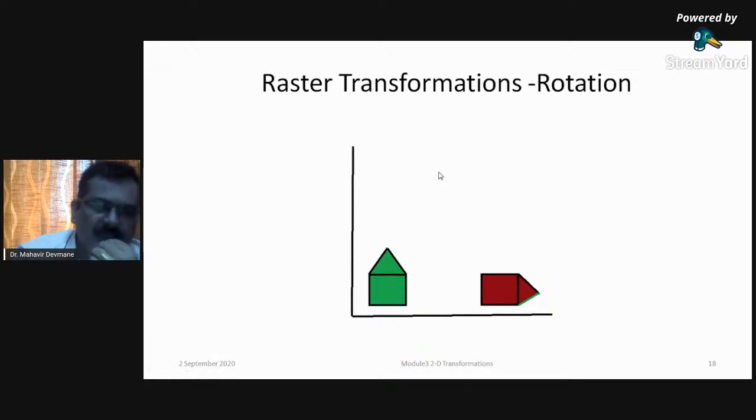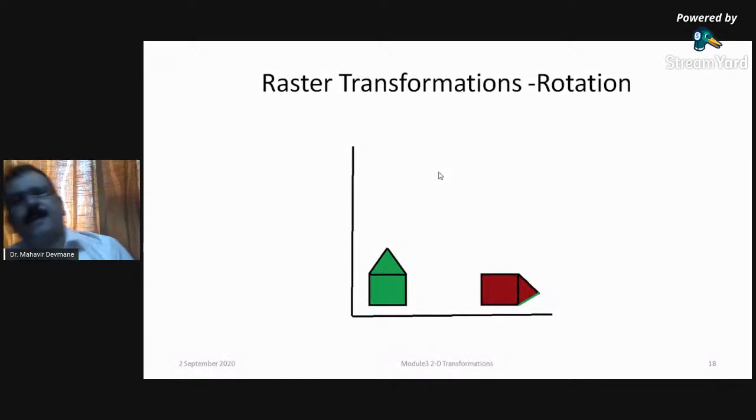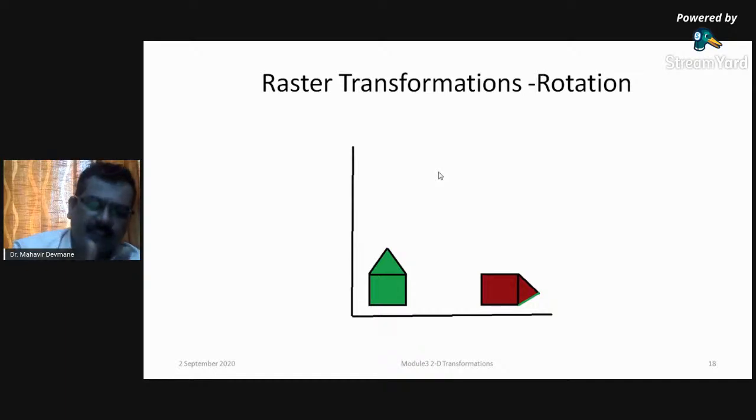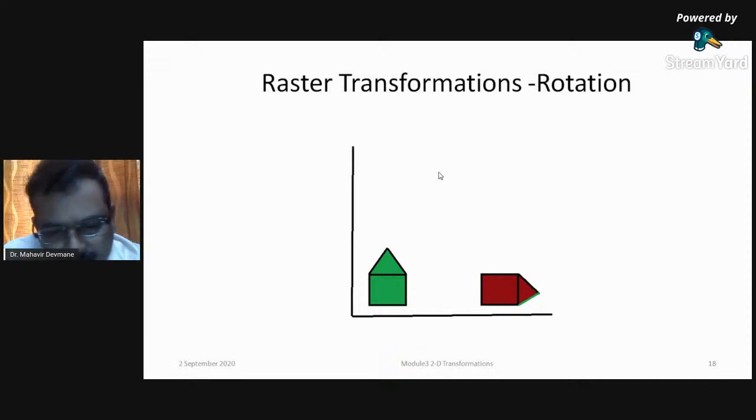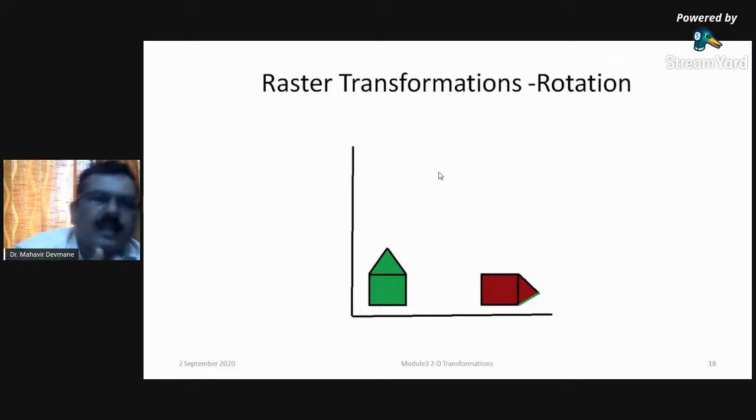If someone asks you to do scaling of the object by factor 2, say just take sx equal to 2 and sy equal to 1, meaning scaling factor 2 in the x direction and scaling factor 1 in the y direction. How will you do it? It will be very simple. I have to do scaling 2 times in the x direction. I'll read 1 pixel from the given object and put 2 pixels.